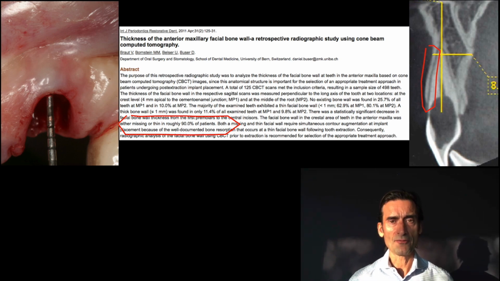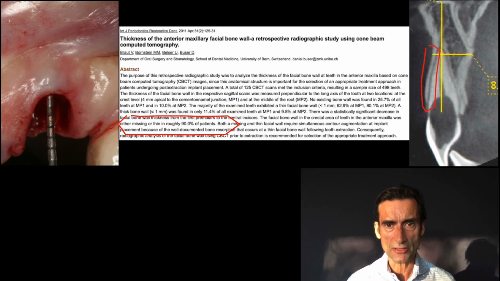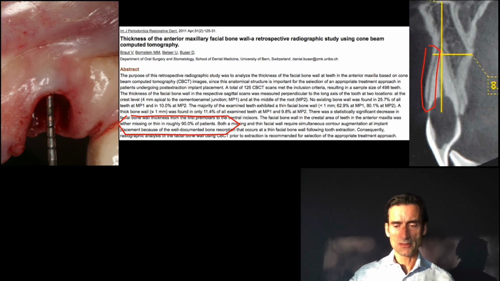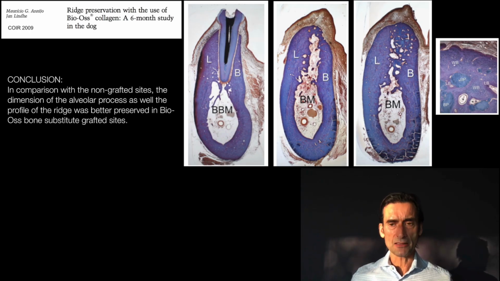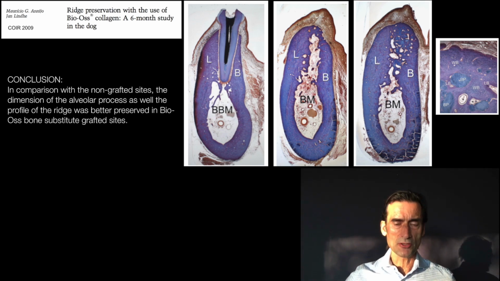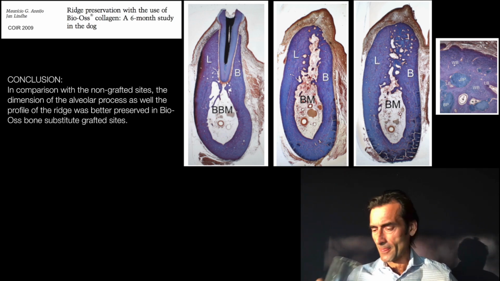For example, from my experience, Asian patients always have thinner tissues, soft tissue and bone, than white Caucasian patients. So that makes a difference too. But in general, as you can see here, about 90% of patients have very thin tissue, which is about 1 millimeter or less. So you have to really think about that. This is one of the many clinical scientific reports, which was then supported with experimental research in a dog setting.